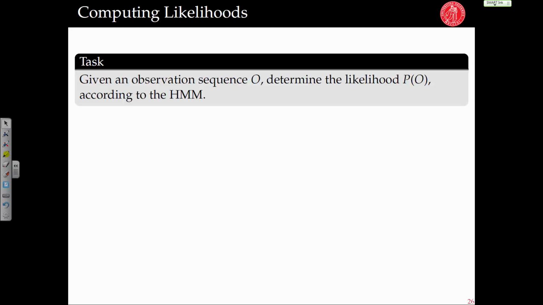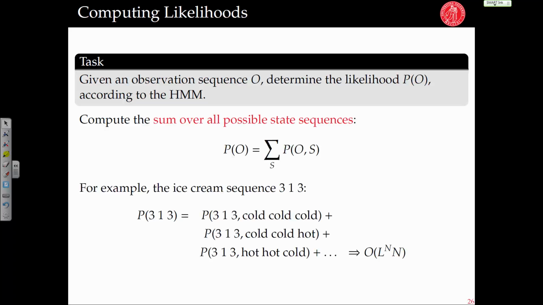Now we can't get this in a straightforward manner from the HMM, because we know how to compute the joint probability, and we need to somehow express the probability of O through the joint probability.